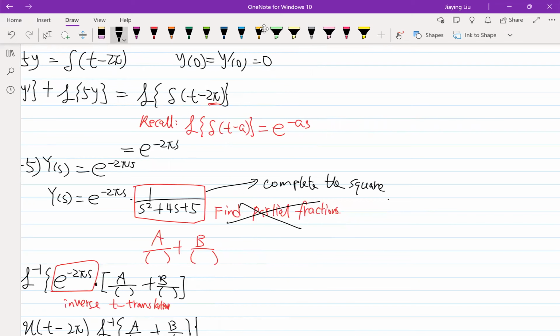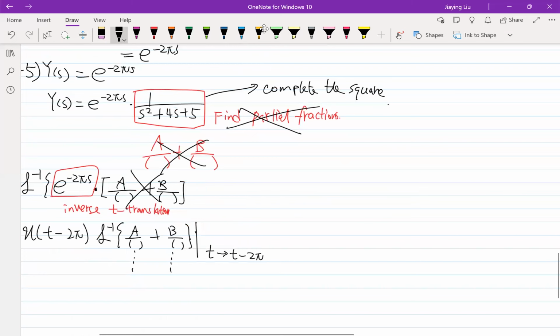That's a very good point. I did the problem quickly. I don't think I did it correctly. Now I'm looking back, I don't think we can factor the denominator. We have to complete the square and then go from there. We're going to have to end up using the inverse s translation at the end instead of using partial fractions.